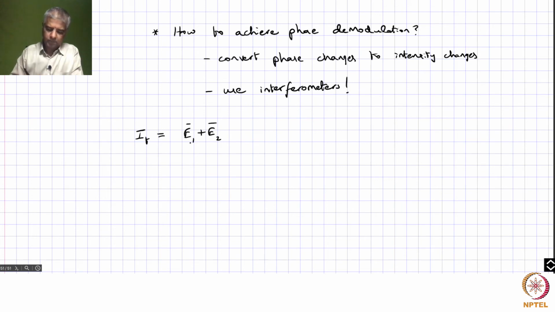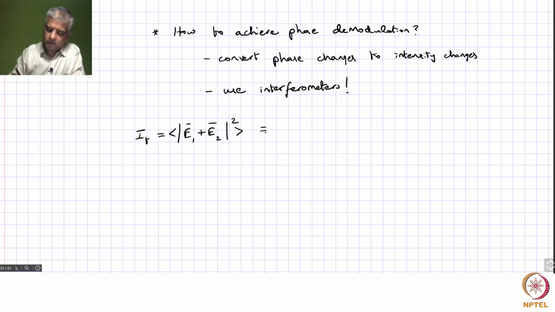Okay. So, it's a phasor addition that we are looking at, and the intensity corresponds to the mod of that in square, and it's typically a time averaged detection that we are doing. Okay.